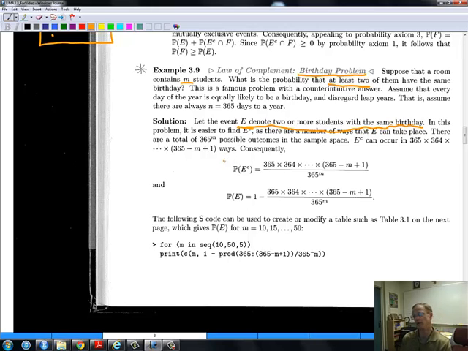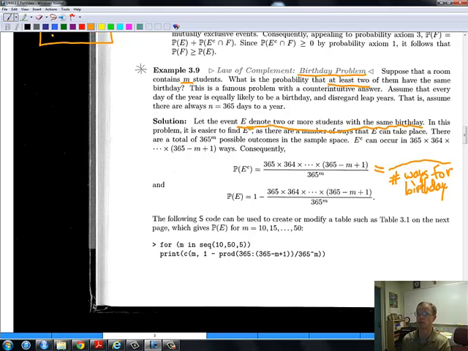Now, how are we going to do it? Well, what we're going to do is count the number of ways for birthdays.